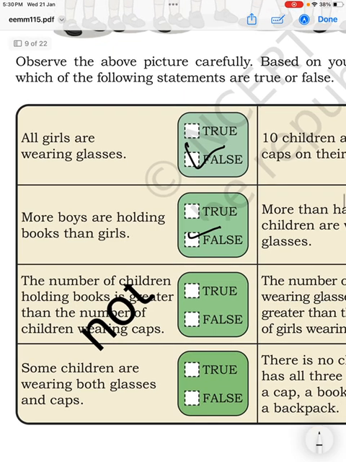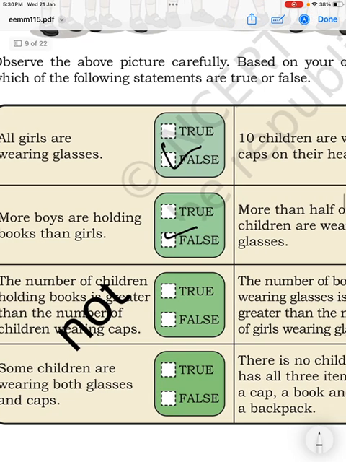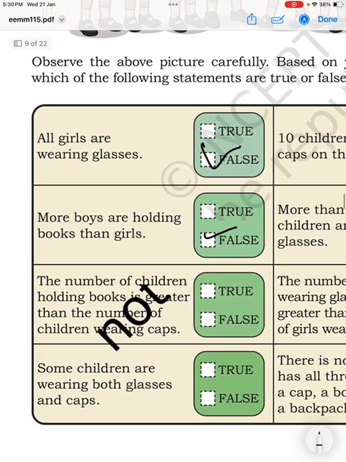The number of children holding books is greater than the number of children wearing caps. Now you will count how many children are holding books and how many children are wearing caps. Then you will compare, and if the children holding books are greater, you will say true. If it is less, then you will say false.